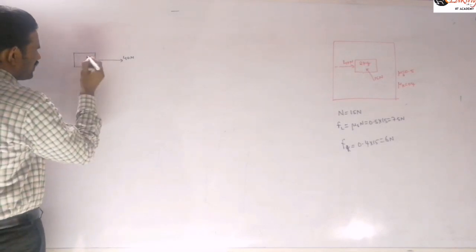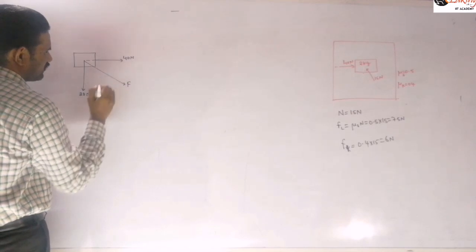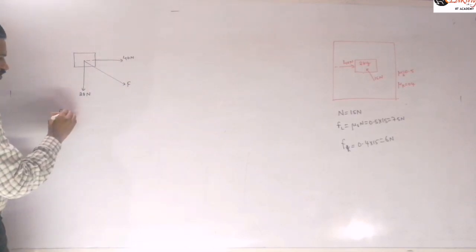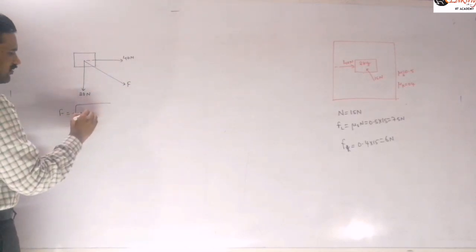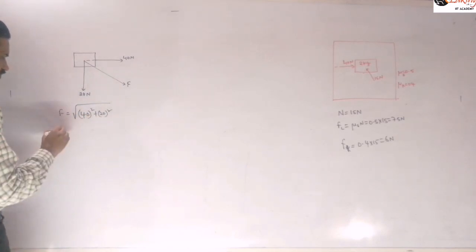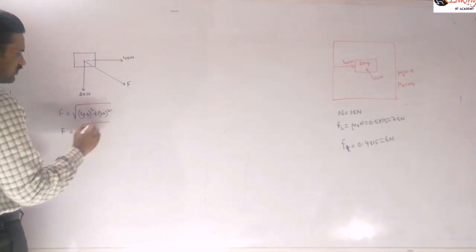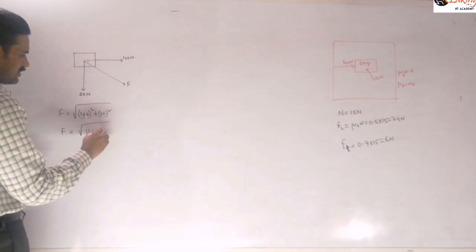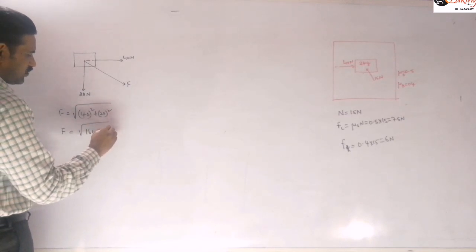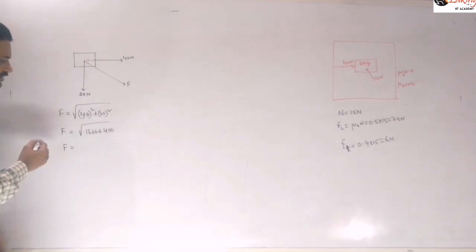And so now let us find this net force here. Suppose this net accelerating force is along this direction, and that net force I am taking it as the square root of 40 square plus 20 square. So that is the square root of 1600 plus 400, which is 2000.